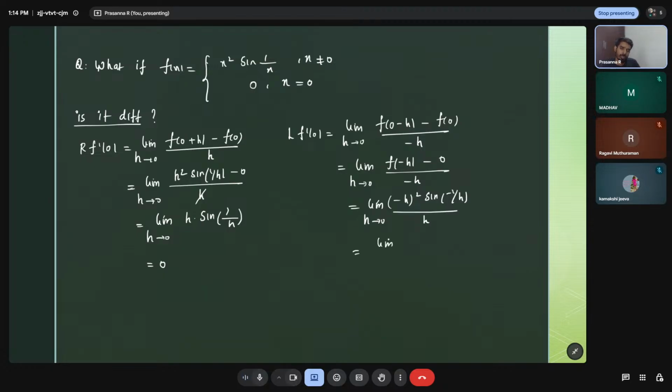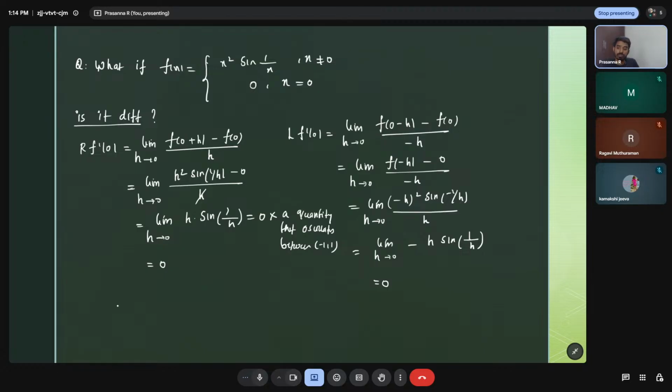So this is limit h tending to 0 of minus h into sine 1 by h. Again it is 0, right? That is, you have to write 0 into a quantity that oscillates between minus 1 and 1.